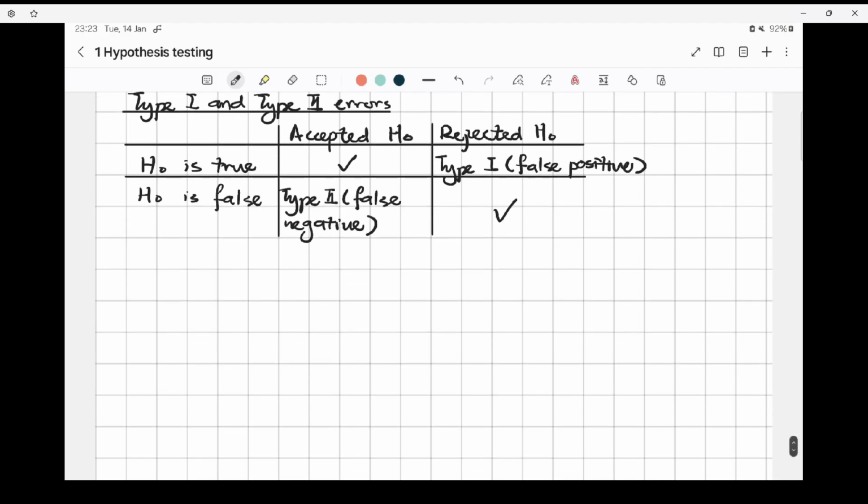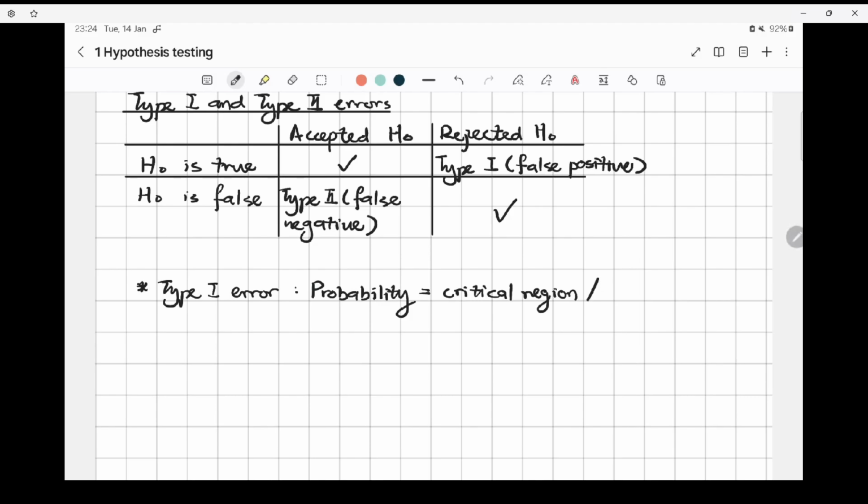So before I proceed to that, remember that for type 1 error, usually the probability will be equal to your critical region, if you are doing a discrete probability distribution.